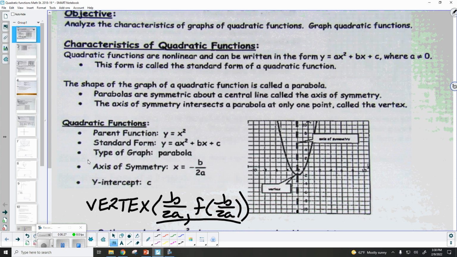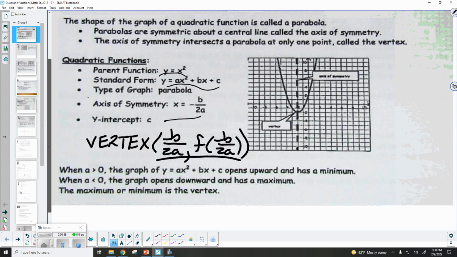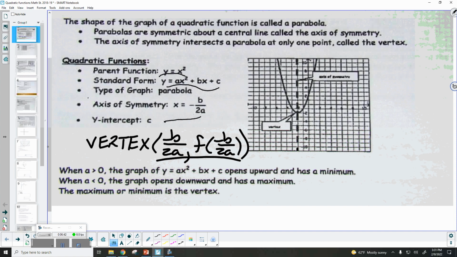So, remember, the parent function y is equal to x squared. We have our standard form. The axis of symmetry cuts through the middle, and the y-intercept is c, whenever x is 0.